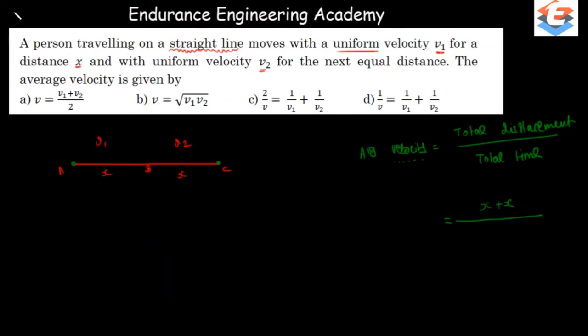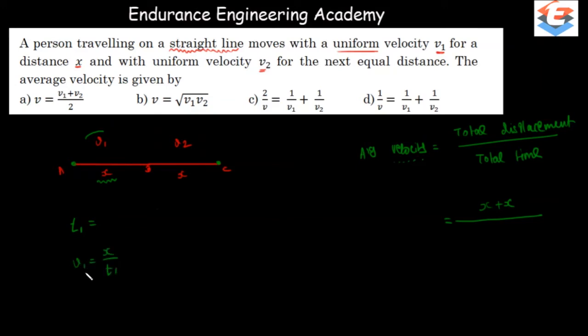Simple question, in fact. For a distance x, the person has traveled with velocity v1. So what will be the time taken for covering this distance x initially? Generally, what is velocity? Distance by time.